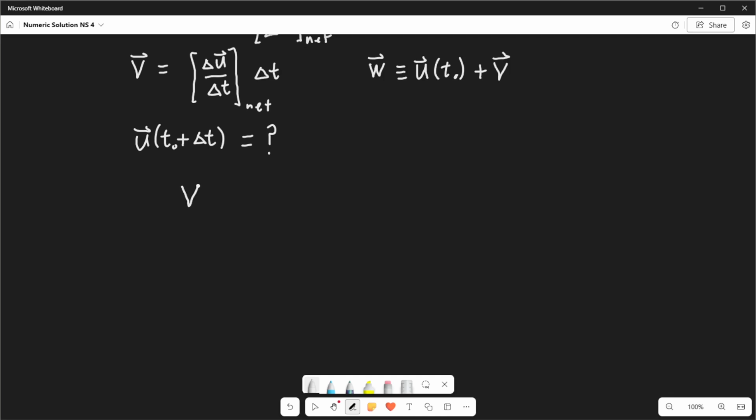We know that the divergence of W equals the divergence of V violation, which in turn equals the divergence of the gradient of the pressure field plus some constants, which I think will be delta T over rho.